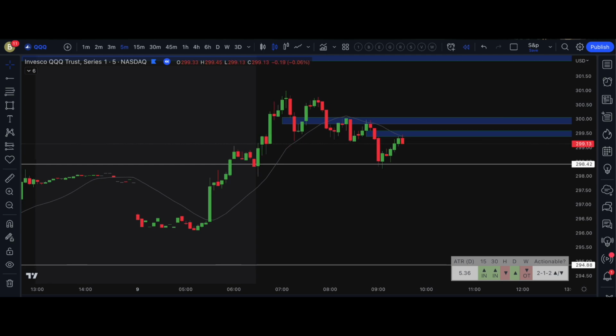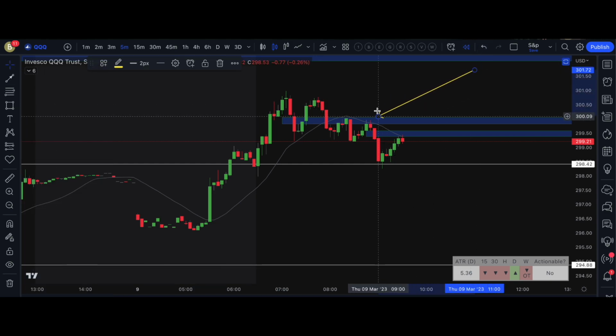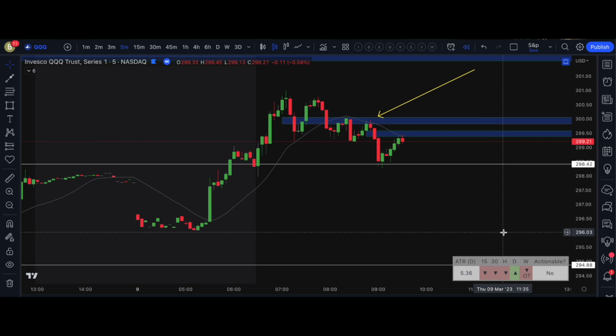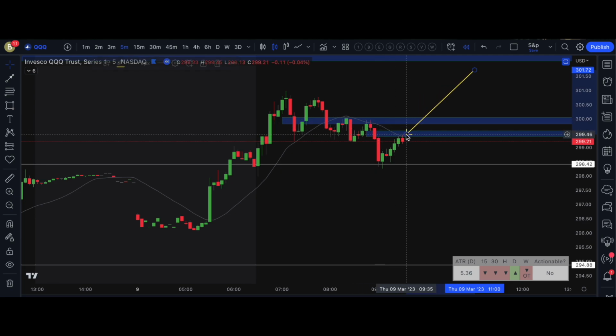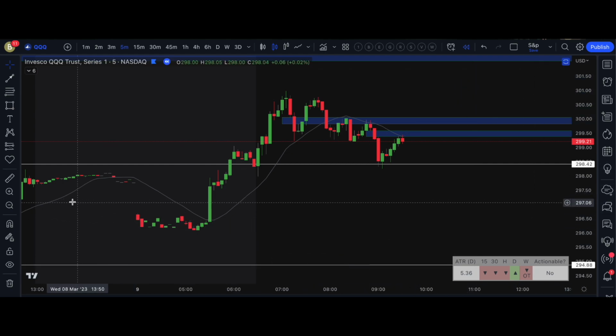So again, very similar setup. We have a rejection here off not just the 20 SMA that I have, but also the fair value gap with a red actionable signal. That means that sellers are somewhat stepping in at a resistance level.